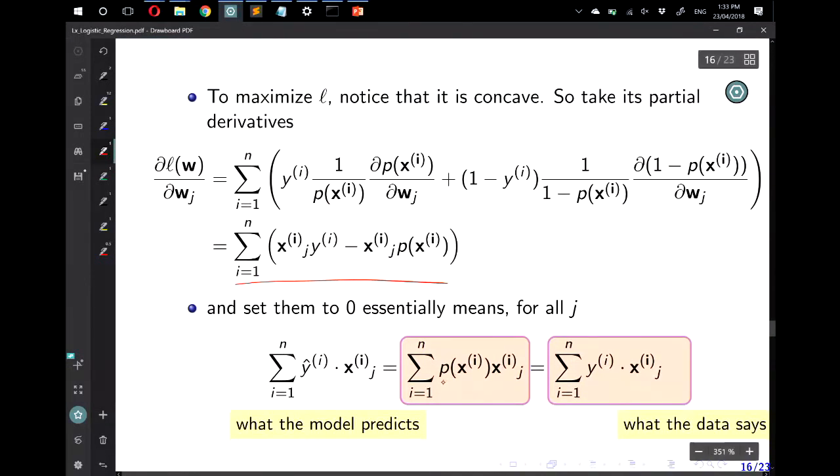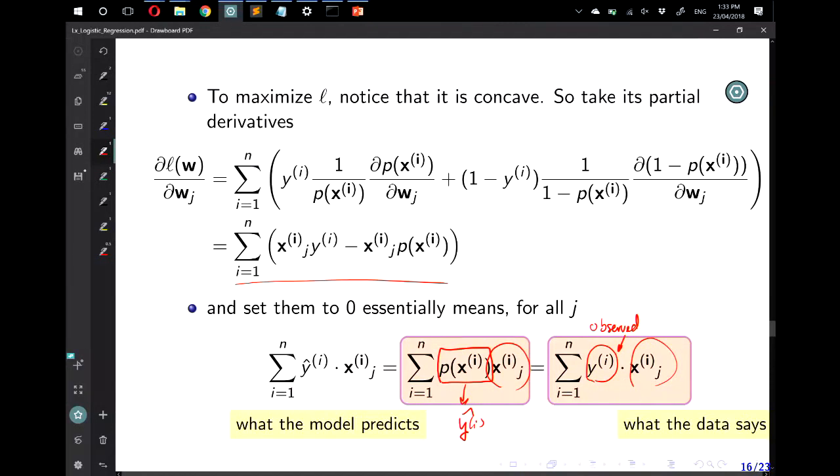You can think about this one as our yi estimate, and this is the real yi, the observed yi. And this is just the jth column of x.